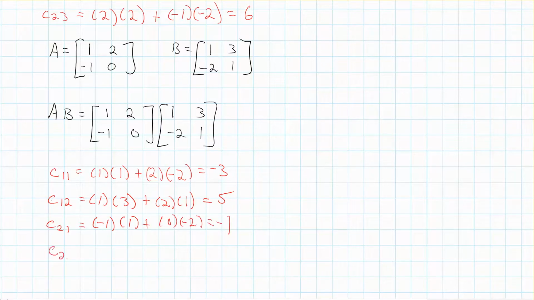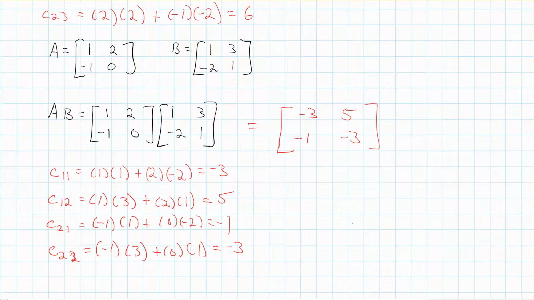And then C22 would be negative 1 times 3 plus 0 times 1, which is negative 3. So writing down the answer then, this would be negative 3, 5, negative 1, negative 3.